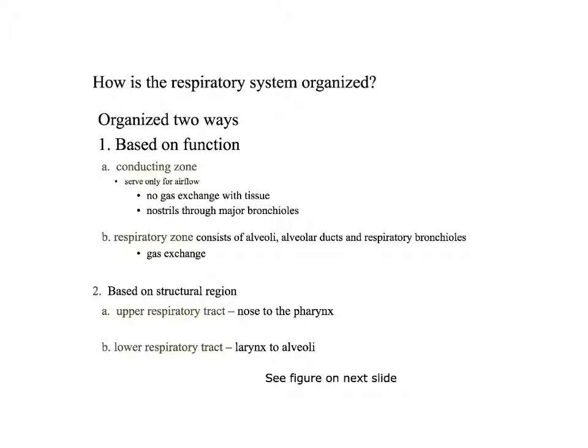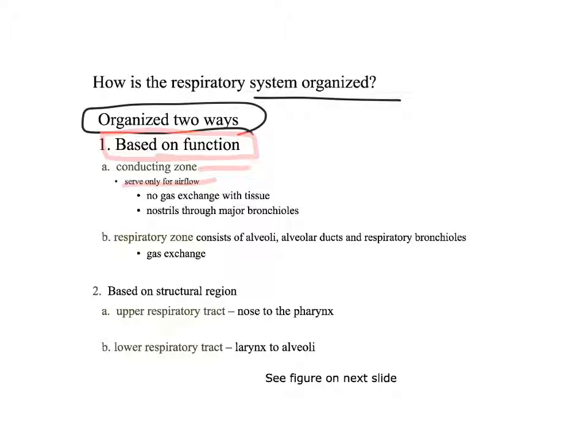Okay, now, how is it organized? So the way we describe it is organized two different ways, because we're anatomy and physiology people, so we can't have it be super simple, so we're going to do it more than one way. So the first way is based on function. Okay, so what does it do? Okay, so first we have a conducting zone. So the conducting zone is only for airflow.